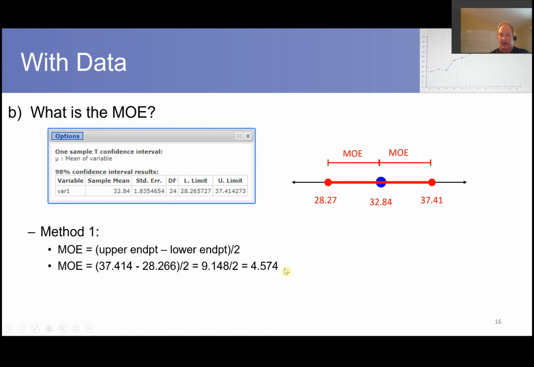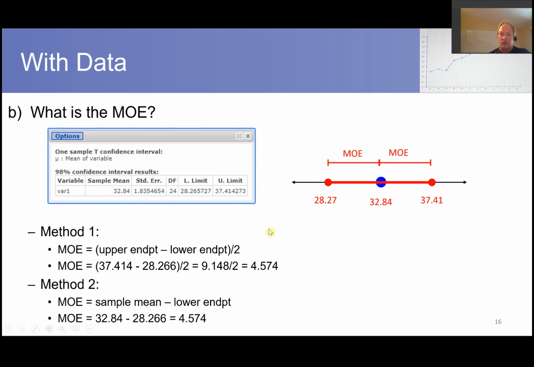And if we put in our values, we'd find out that's 4.574. The other method is I can realize that it's this distance from the sample mean to either endpoint. Again, taking the absolute value, right? I'm looking at distance, and I'll get the same value, of course. It's the same thing, same quantity.